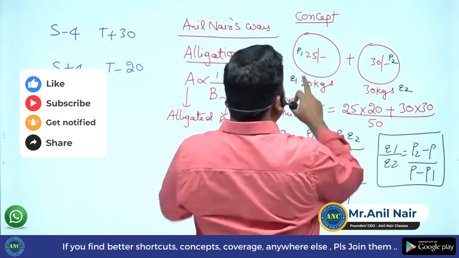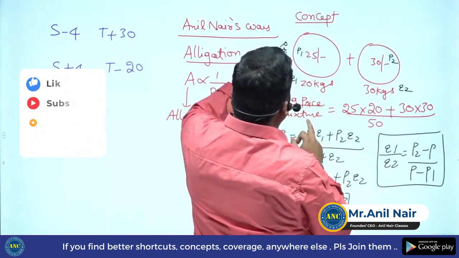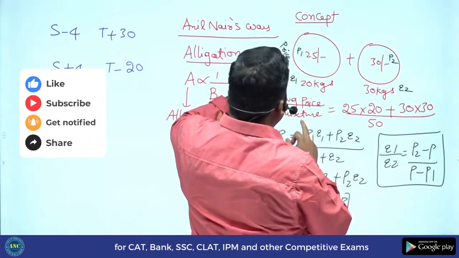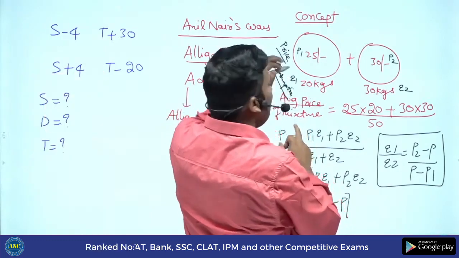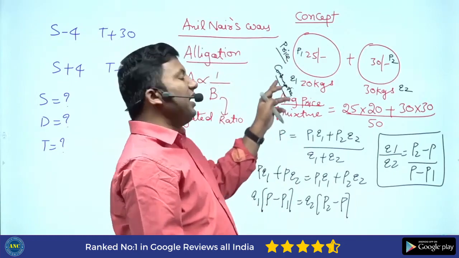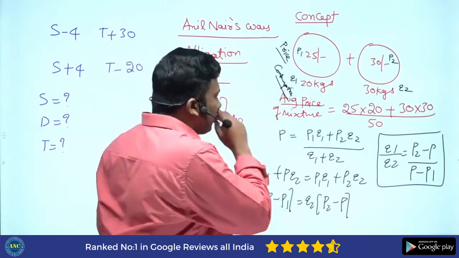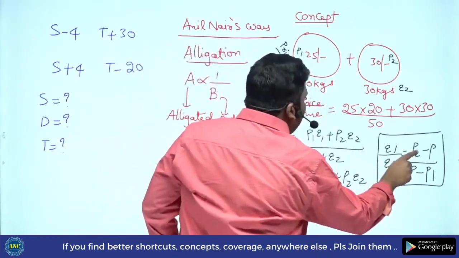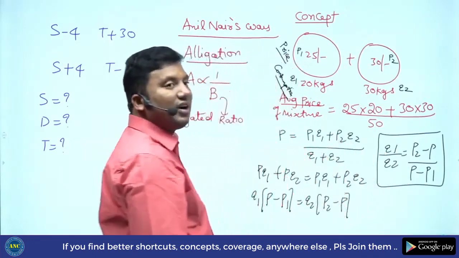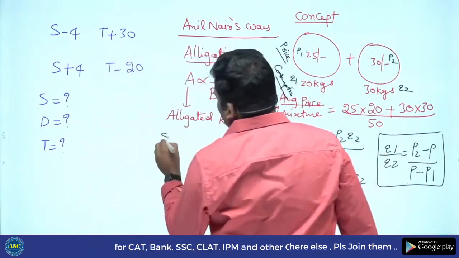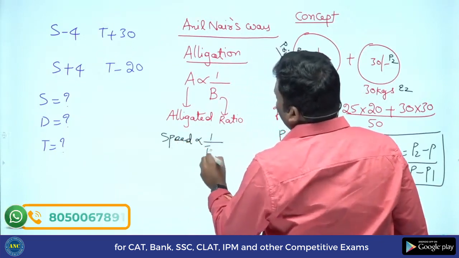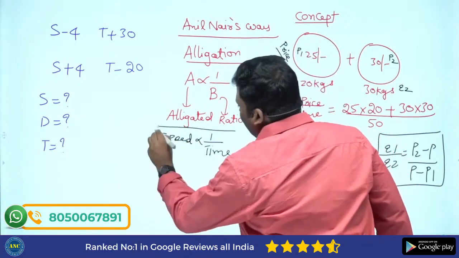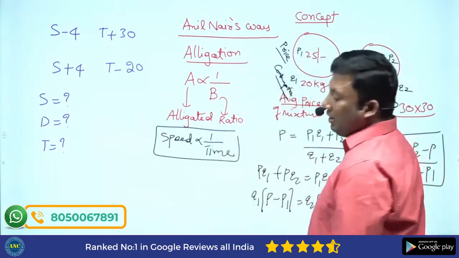Here P represents the price and Q represents the consumption. I allocated prices and got the ratio of consumption. Similarly, speed is inversely proportional to time; if I allocate speed, I will get the ratio of the time period.